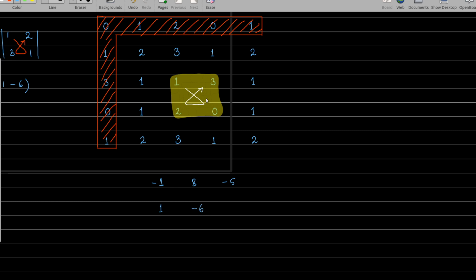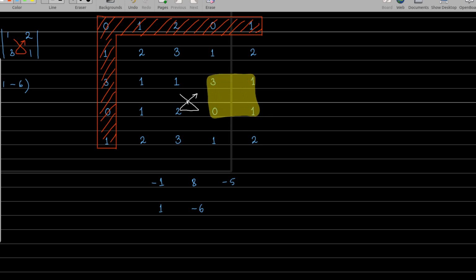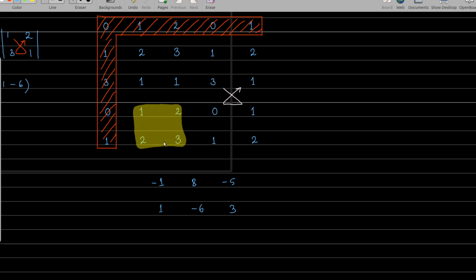Proceed further with this submatrix. 3 times 1 is 3, and anyway 0, so 3 times 1 is 3. Next one is this. 1 times 3 is 3, minus 2 times 2 is 4. So that's going to give us 3 minus 4 is minus 1.